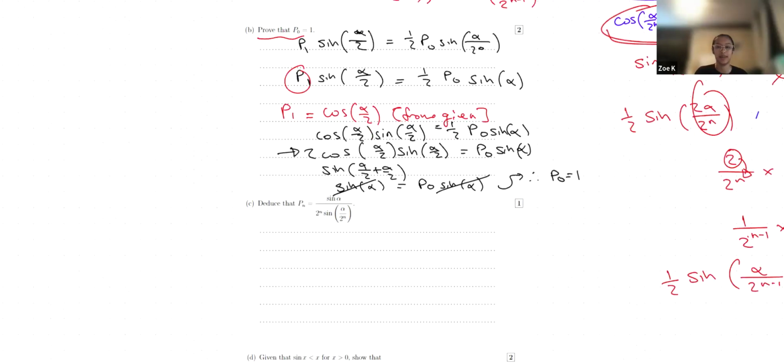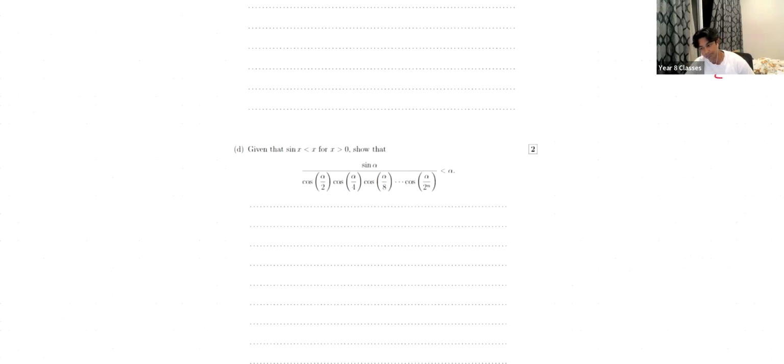But I wouldn't know how to do the last one. The last one? Yeah. Given that x is greater than sine x for x greater than 0.